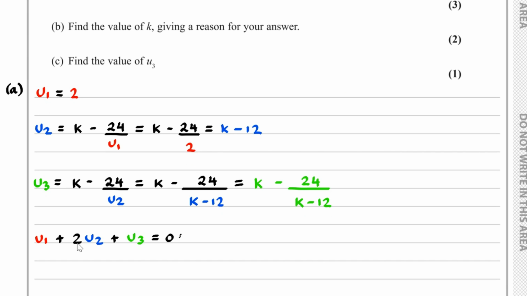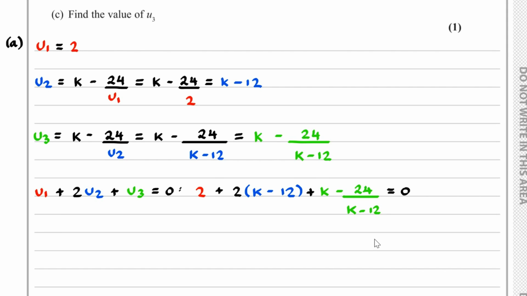So, with U1 plus 2 lots of U2 plus U3 equaling 0, we have 2 plus 2 lots of k minus 12 plus k minus 24 over k minus 12. Adding these together, we get 0.